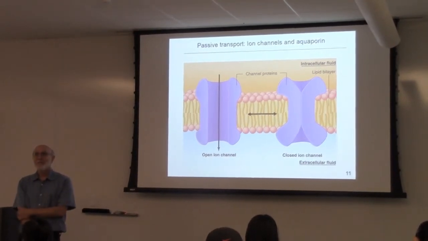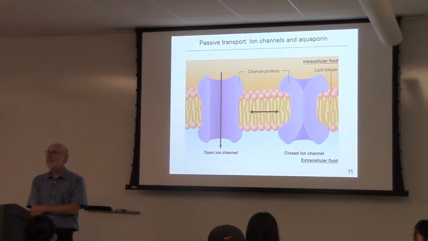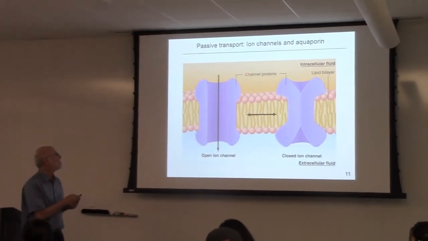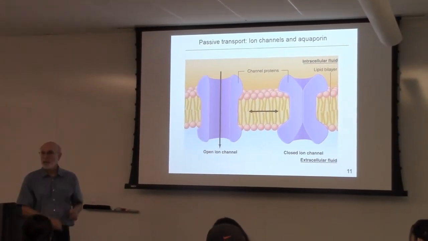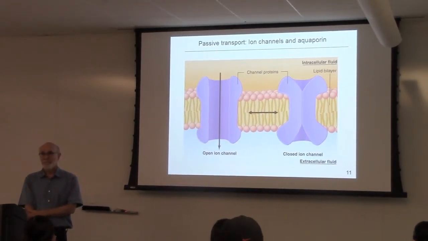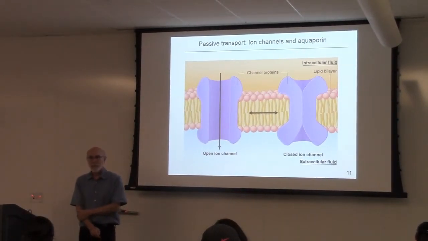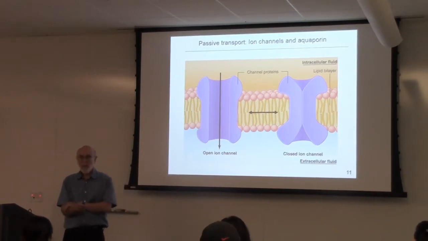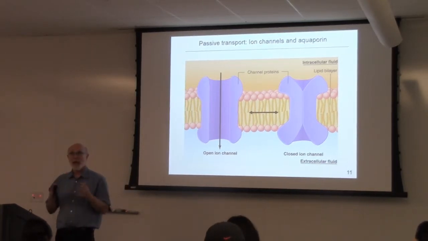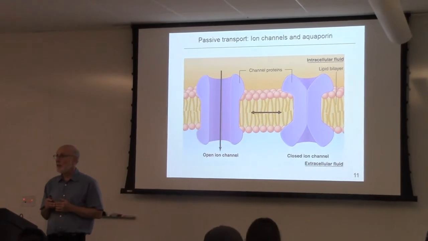Potassium. Potassium is the ion that has a high concentration on the inside and a low concentration on the outside. But this was an example of the kind of conversation that is very useful.